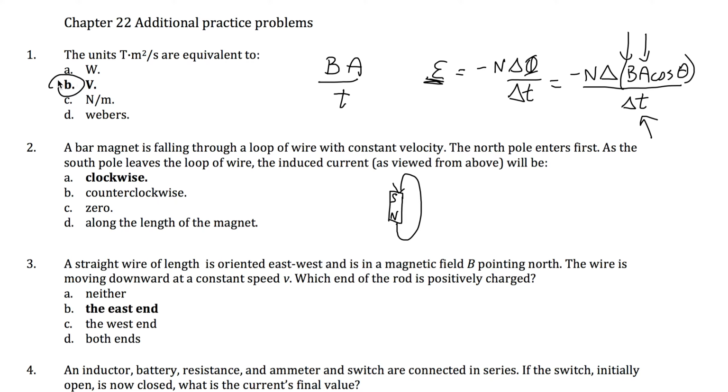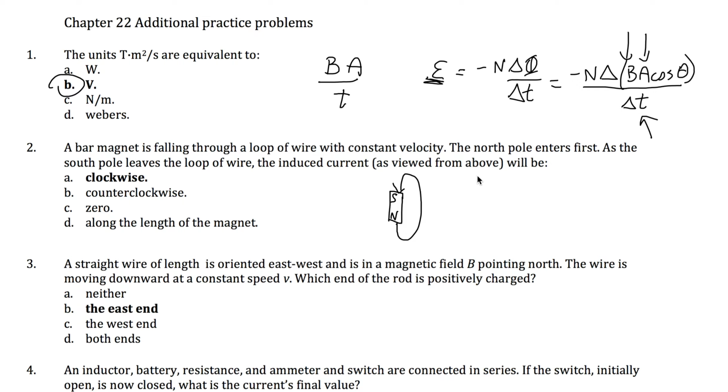So that's how you know that these units are equivalent to volts. It's a little bit harder problem than most of the unit ones, but it just really wants you to be able to find which equation is relevant and be able to plug in the units for every single variable in that equation.